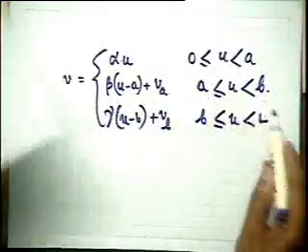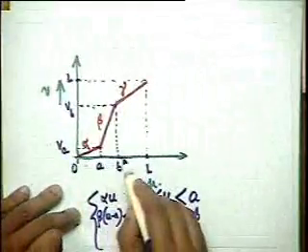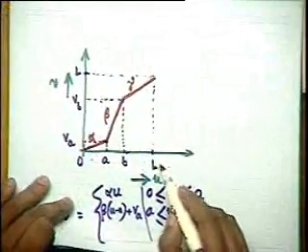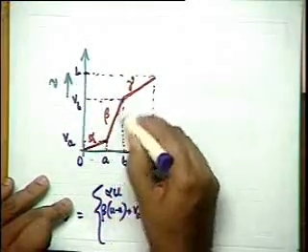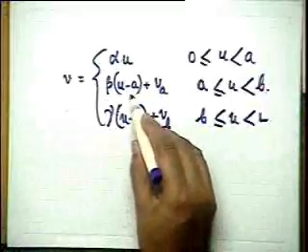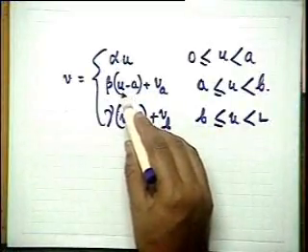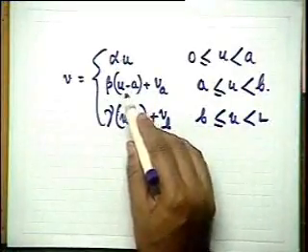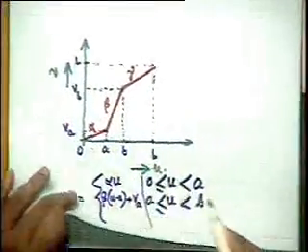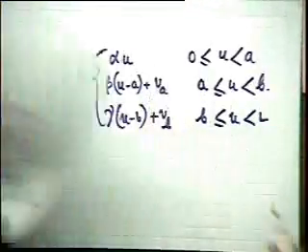In the range U lying between A to B, the function is beta, the slope, times (U minus A) plus VA. It is satisfied. Just substitute U equal to A, that is this point, and you get V equal to VA.